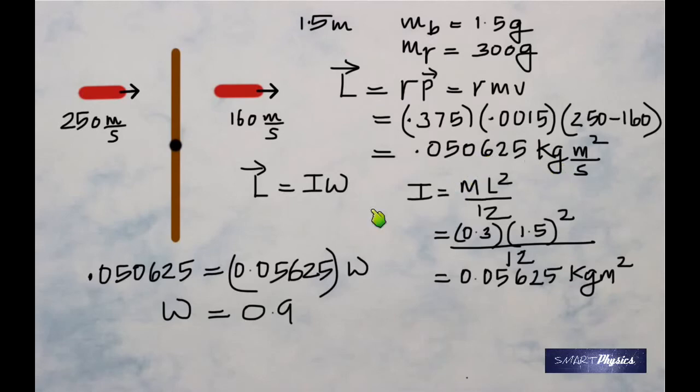So that's why I've set them both equal. And then omega is just this number divided by this, which comes out to be 0.9 radians per second. So that is the angular speed with which the stick will begin rotation.